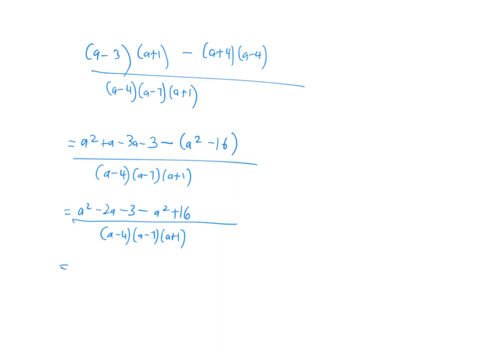Almost finished. So a squared and a squared cross off, because a squared minus a squared is nothing. Then we have negative 2a. Negative 3 plus 16 is plus 13, so plus 13 over (a minus 4)(a minus 7)(a plus 1).